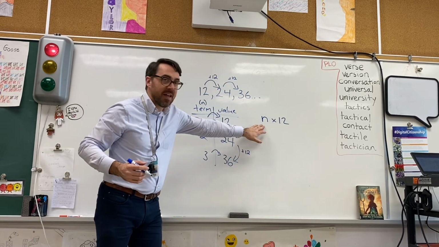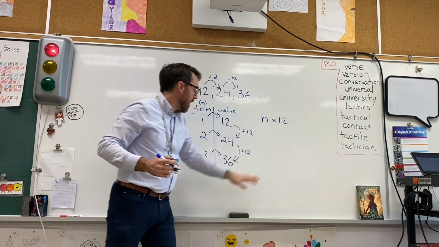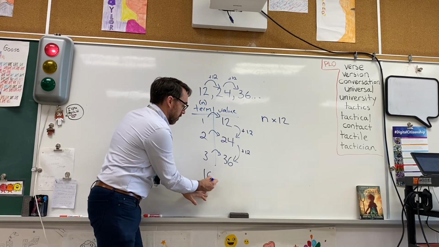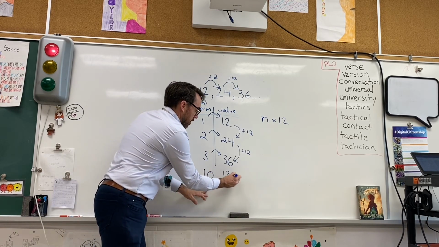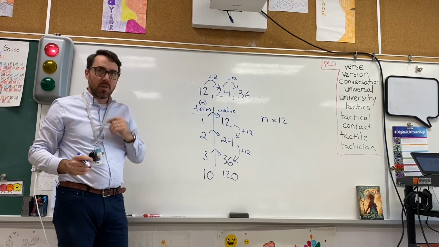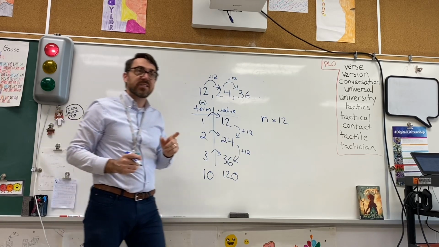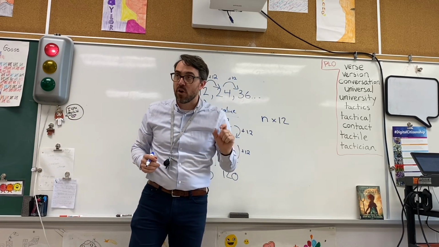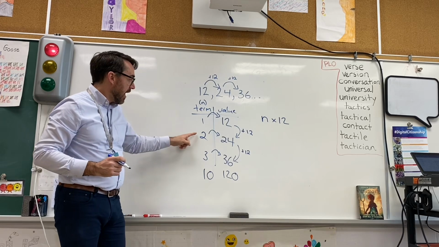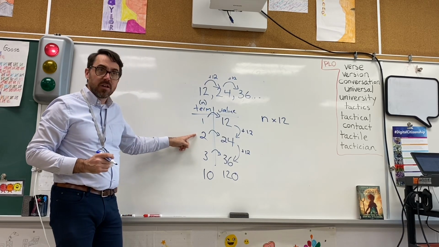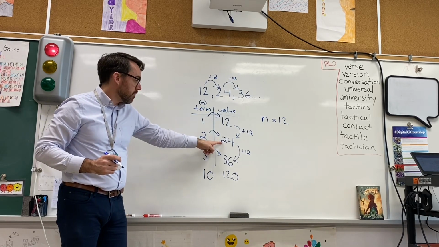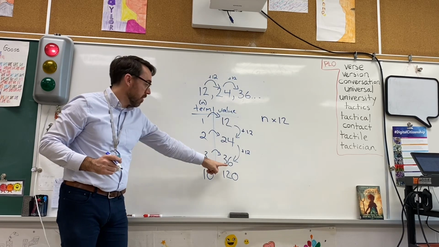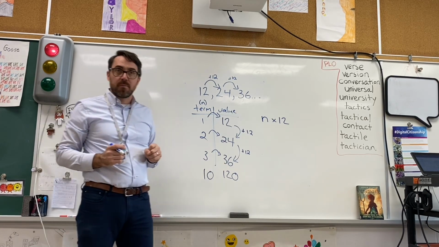You put a 10 in there and do 10 times 12 and get the 10th term, which is 120. I could say, what is the 5th term of this pattern? And you can add the 2nd term and the 3rd term to get the 5th term.